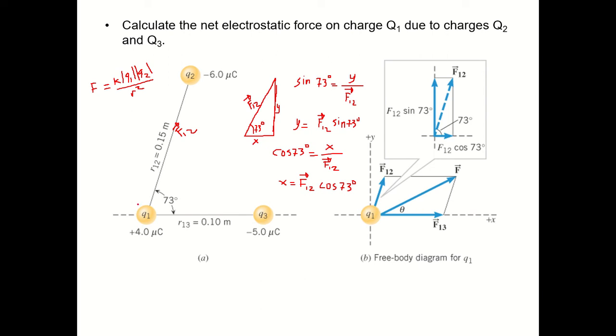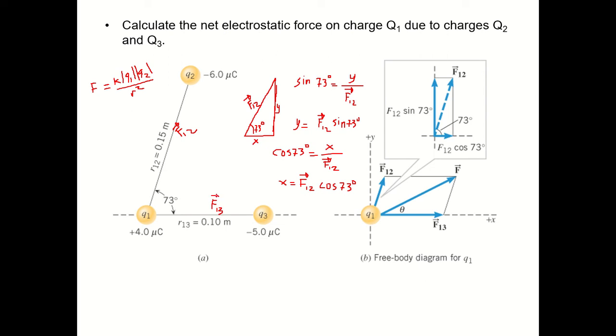Anyway, you will learn later on what I'm talking about after I discuss the next problem. But the technique here is to solve for this F12, and then you solve also for the F13 here using the same formula.